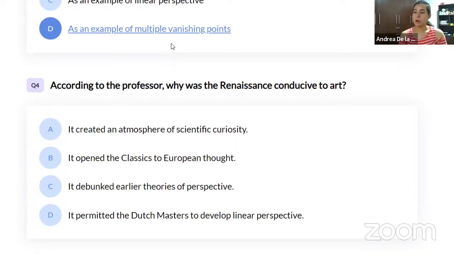Why was it conducive to art? Anyone? If you don't know, take a guess. Take an educated guess.